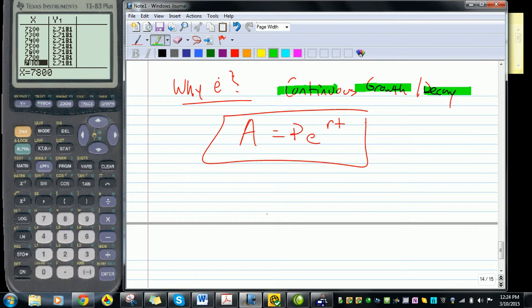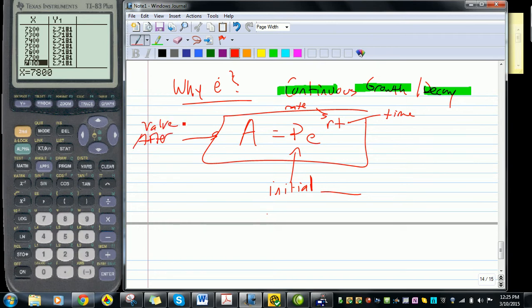You guys are probably familiar with this Pert model, right? So P is kind of like our initial value, the principal we started with when we invested with compound interest. It's a kind of a similar thing, right? T is the time, R is the rate, and A is the after, so it's the value after.